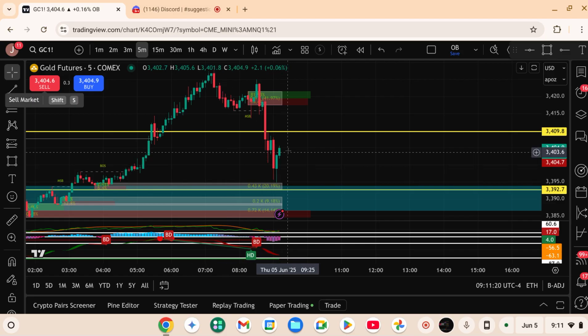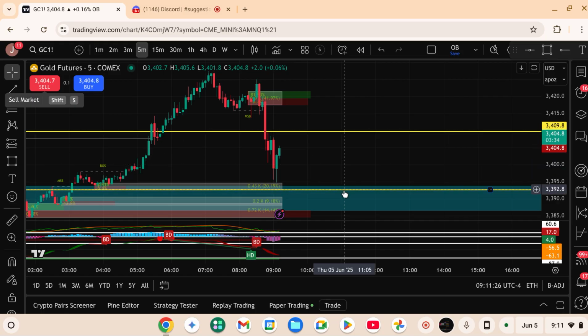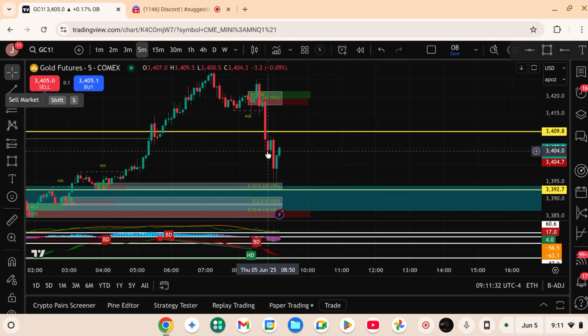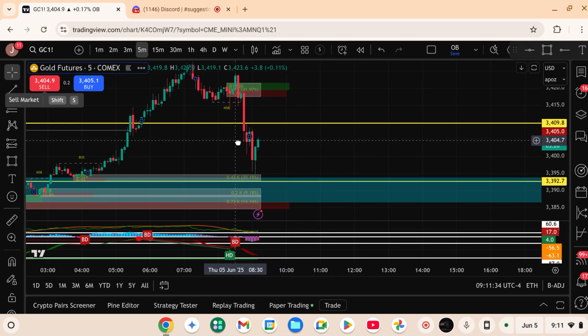So maybe it will bounce around, tap here, come back down, tap this, and shoot back up. Could be wrong. Like I said, certain areas are not holding up, and it's not giving you an opportunity to take trades really. So we'll just wait and see.